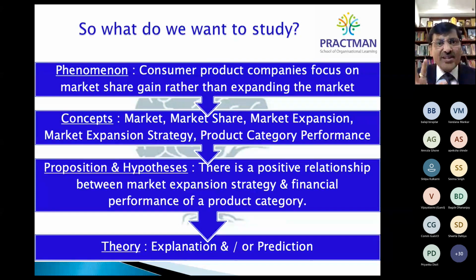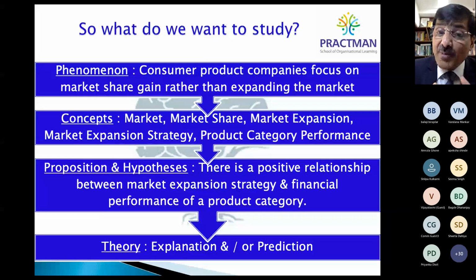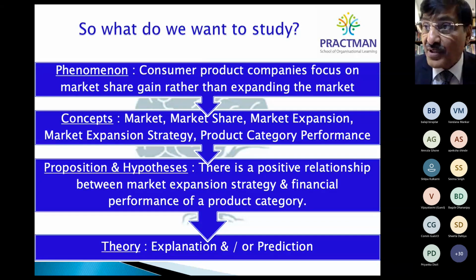So when I look at this phenomenon and I want to study it, I need to break it into concepts. The concepts were: one, market. What is a market? Second, what is market share? Third, what is market expansion? Fourth, what is market expansion strategy? Fifth, what is the product category performance?